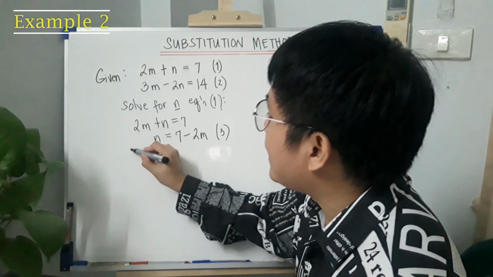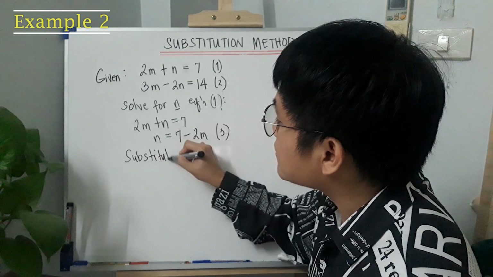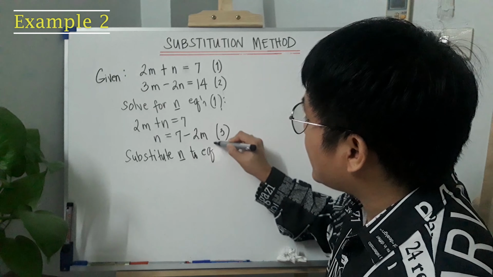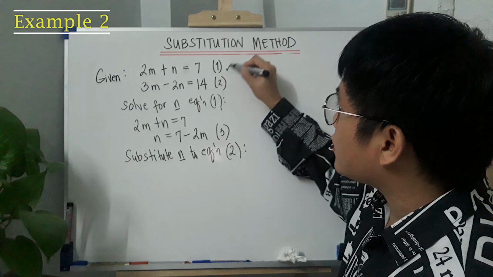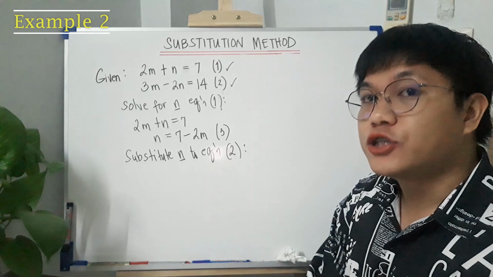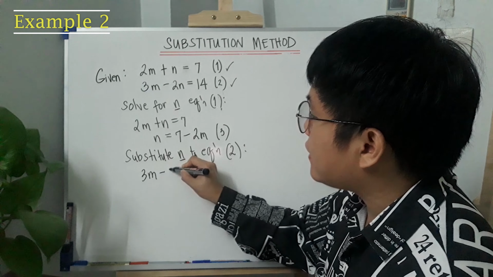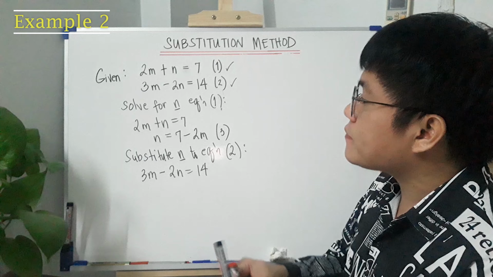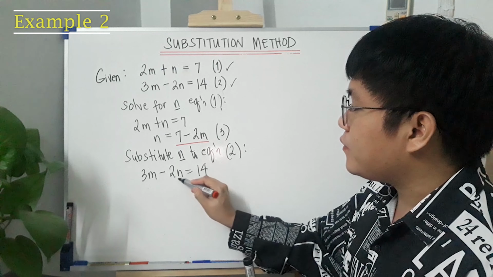So we have here: substitute n to equation number 2, since we already used equation number 1 earlier. So using equation number 2, which is 3m minus 2n equals 14, we are going to substitute n, which is 7 minus 2m, to here.